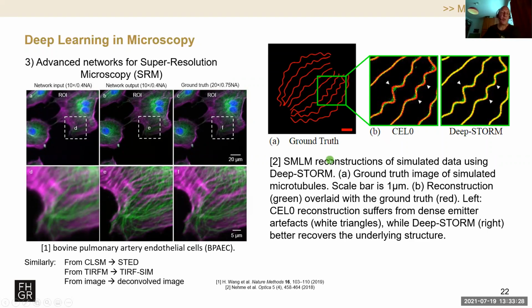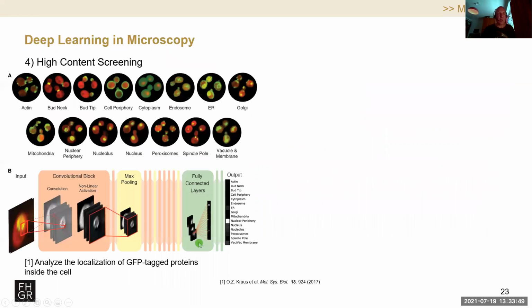That means that you can use deep learning similarly to generate, from confocal laser scanning microscopy, a STED image or a TIRF SIM image or a deconvolved image. You can use deep learning to perform these tasks, doing deconvolution.